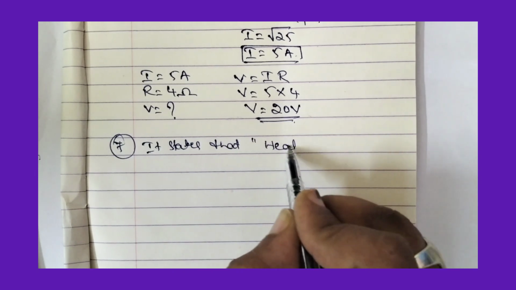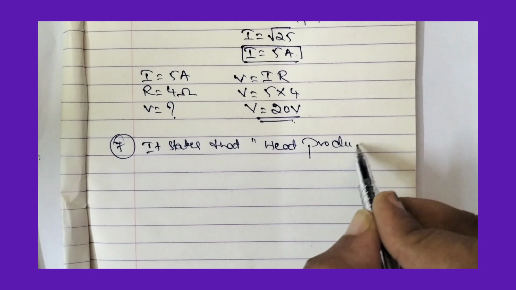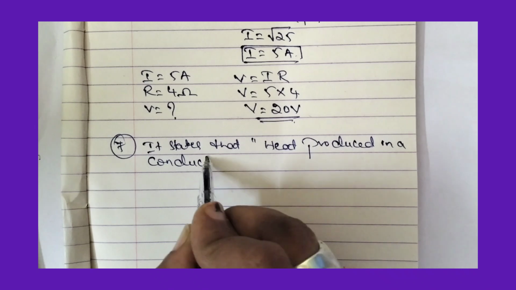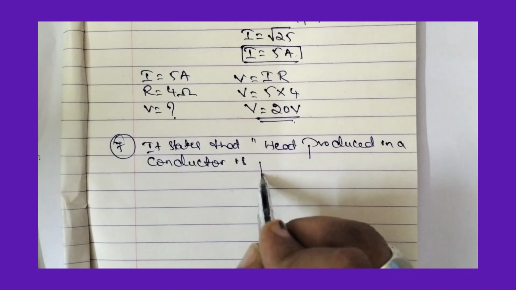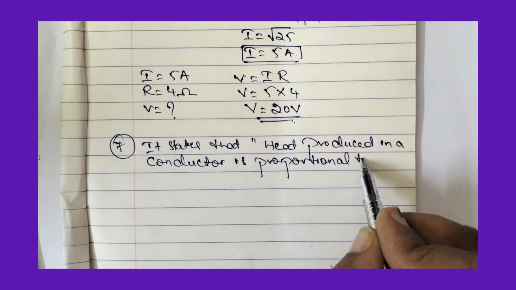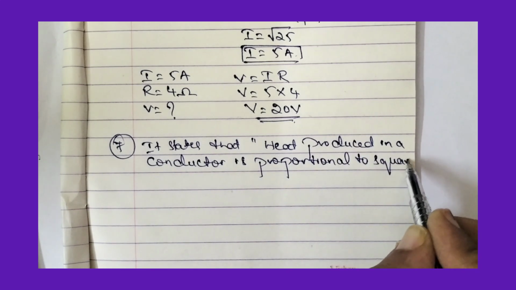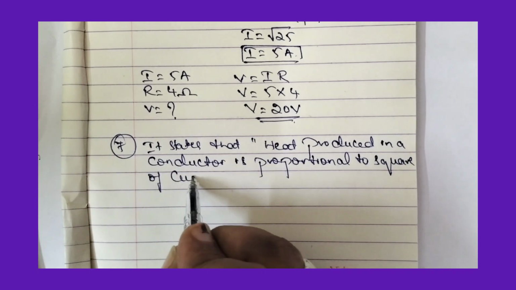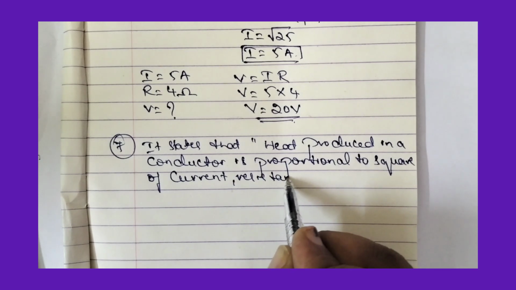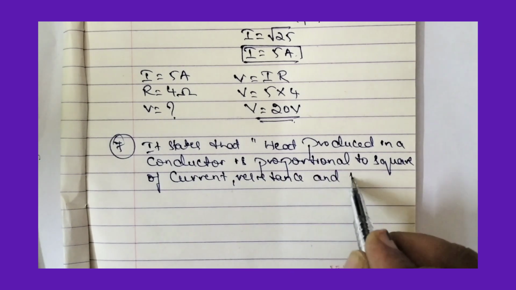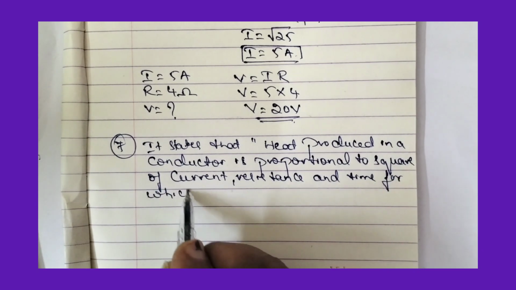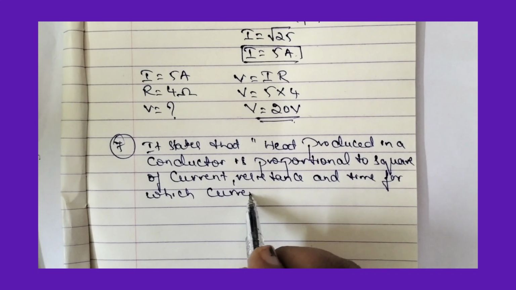Heat produced in a conductor is proportional to the square of current, resistance, and time for which current flows.